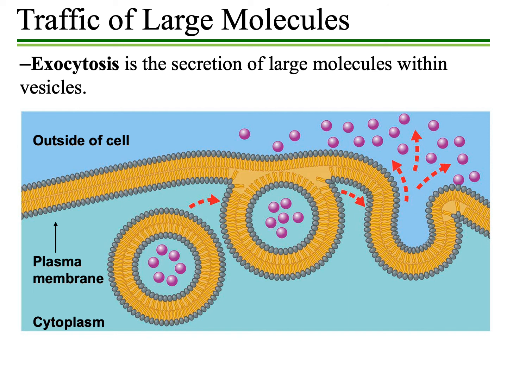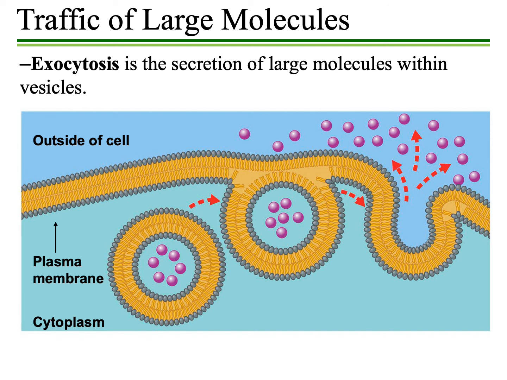So exocytosis is a mechanism of secretion of large molecules utilizing vesicles. Here is a mechanism to allow for large molecules to exit the cell. What happens in this mechanism is that you have a structure inside the cell that is referred to as a vesicle.